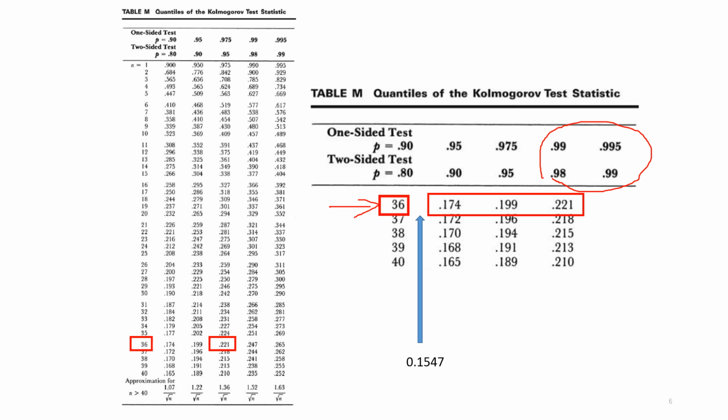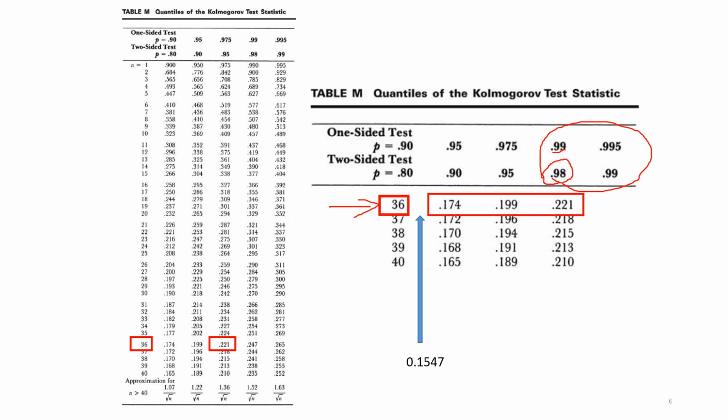This one, when we mark 90% from this graph, is 0.174, then 95% is 0.199, and 98% is 0.221. So for our sample size of 36, when the probability difference is 0.221, the probability would be 98% for a two-sided test.